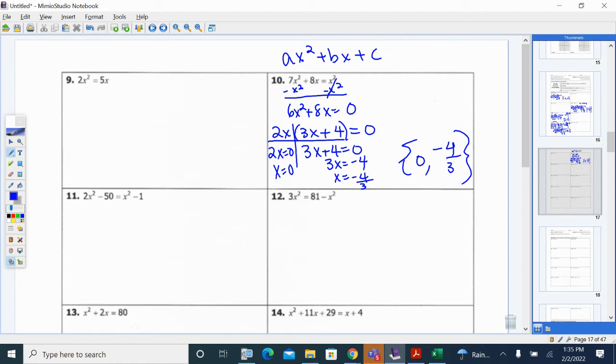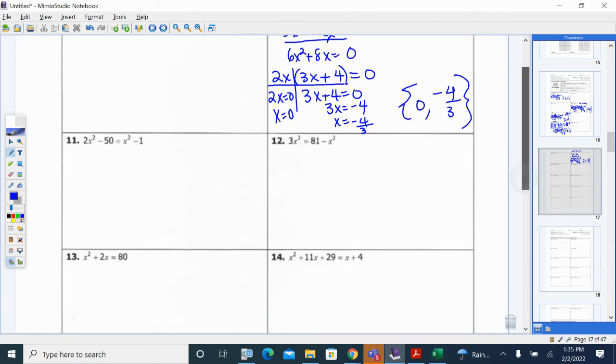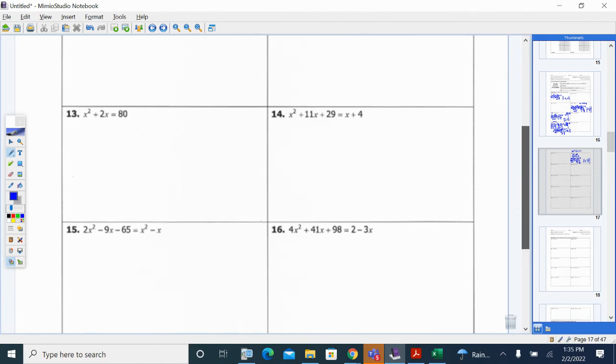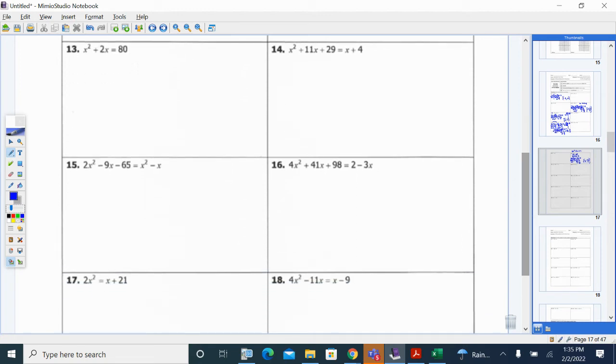Let's jump down to number 16. Number 16, I have 4x squared plus 41x plus 98 is equal to 2 minus 3x.